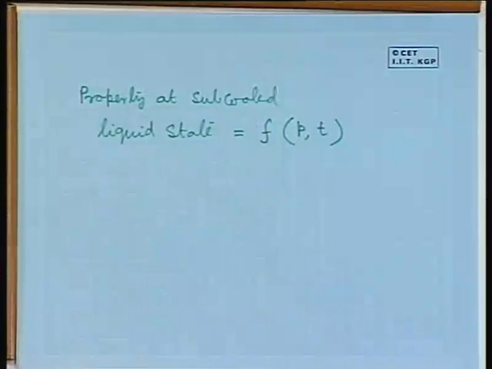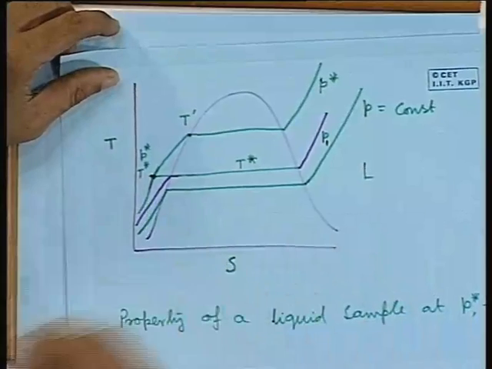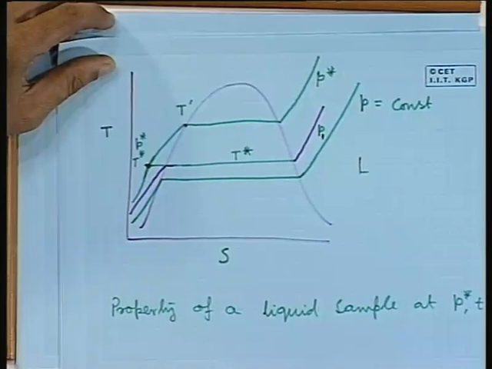But what has been seen is that the property of the subcooled liquid is a weak function of pressure, whereas it varies with temperature. So, for determining the property of the subcooled liquid, what do we do?